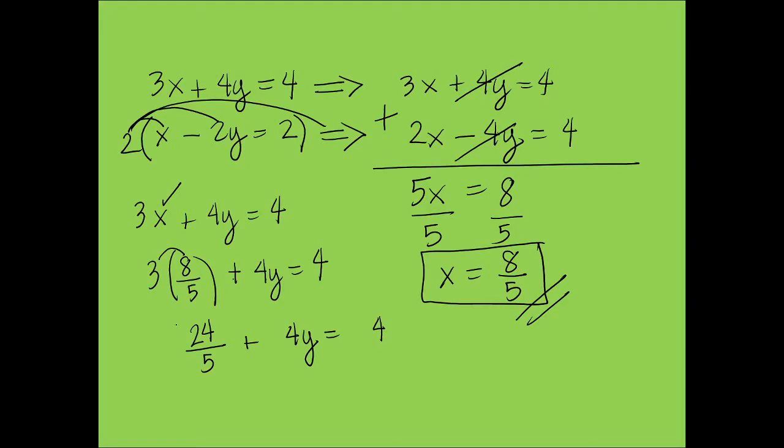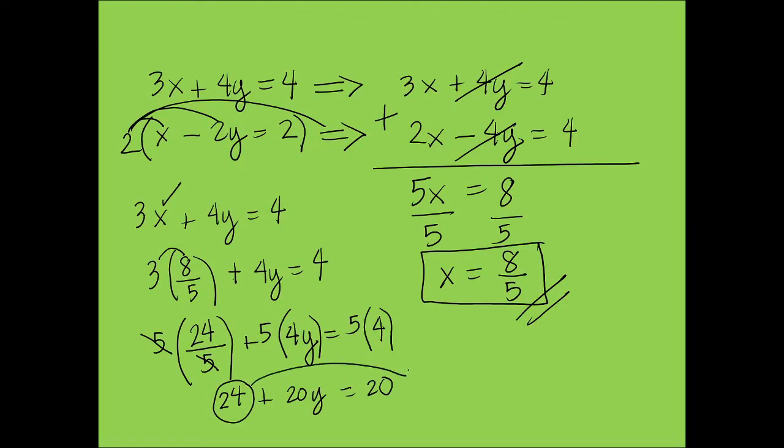So, how do you eliminate 5 here? You remember that lesson? I will multiply everything by 5 so that the 5 cancels. So what is left here is 24 plus 20y is equal to 20.